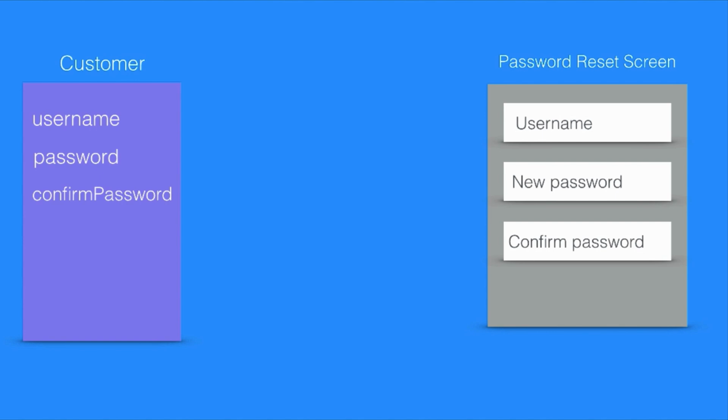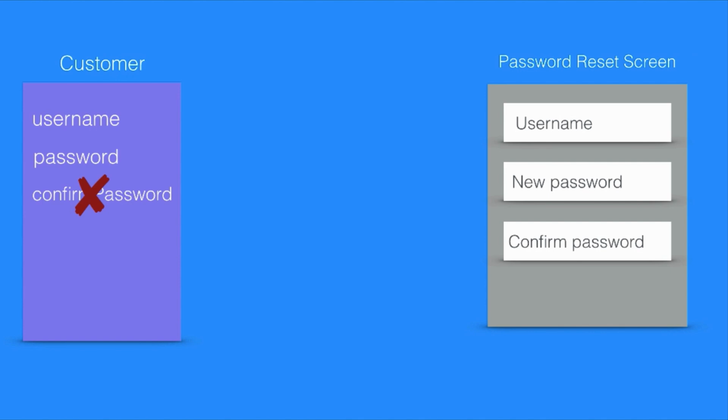The model has nothing to do with the confirmed password. This is not the information that you will eventually write to the database. So you will never have that. So if you are mapping your model directly to the view, you already have an issue. You have an additional property, confirmed password, that doesn't really make sense to create in the model.